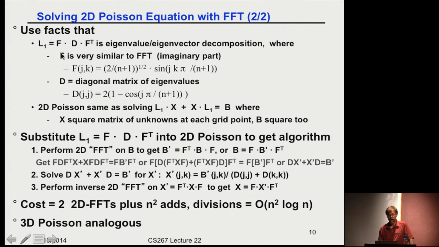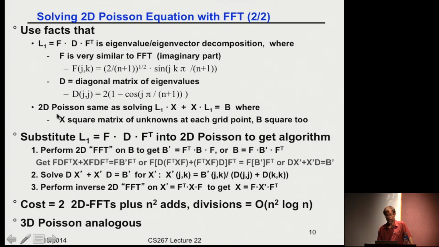And what is this matrix F? It's not exactly the FFT, it's just the imaginary part. And so all the ideas that I know about doing FFTs fast, I can just take the imaginary part. Works just as well. And so there's the explicit formula for them, just a bunch of sines at evenly spaced points. And there's another formula for all the eigenvalues. So that's the first fact. You can confirm it yourself and do the trig if you like.